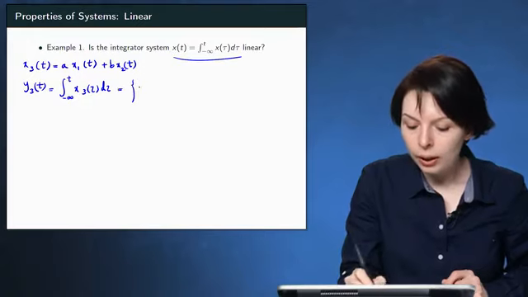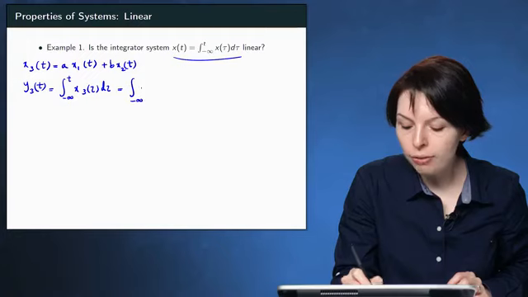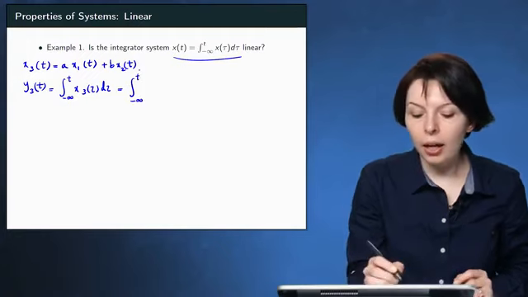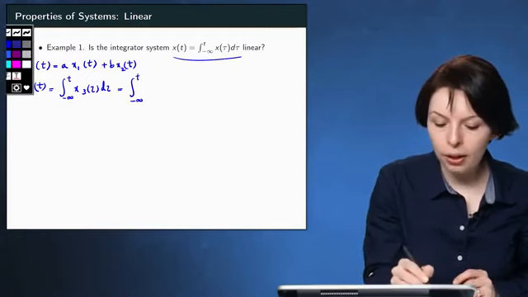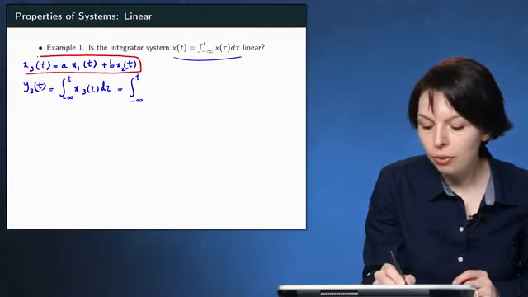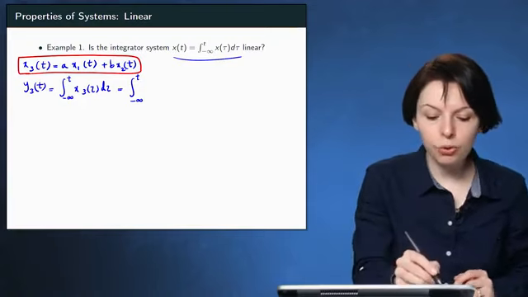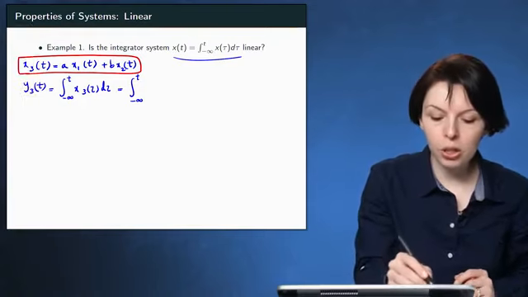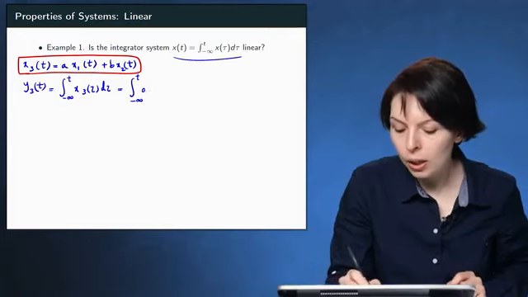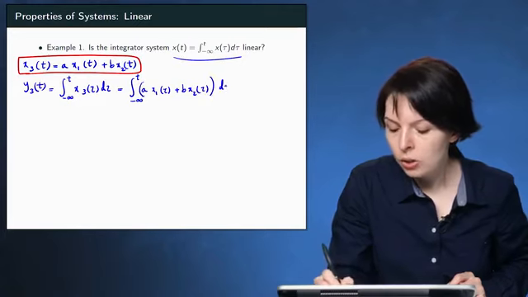That's equal to, I can write it as the integral from negative infinity to t. Now, I have the expression for x of t in here, and I want to find the expression for x3 of tau. It's going to be equal to a times x1 of tau plus b times x2 of tau, the whole thing, d tau.